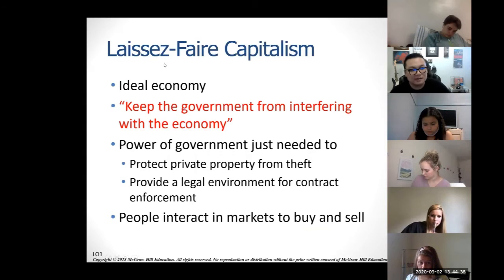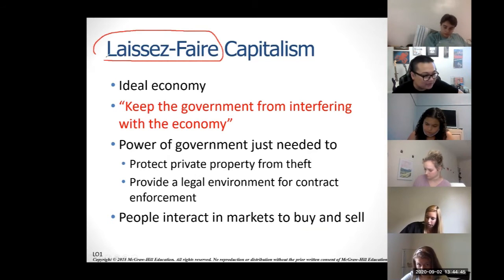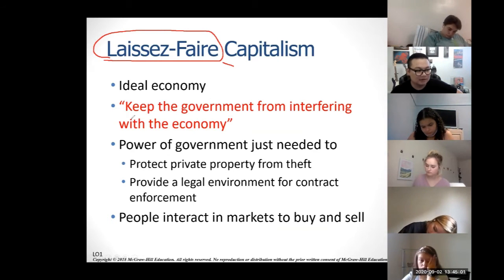The first one is what we call laissez-faire capitalism. I don't know whether I spelled this correctly, but this is French. Laissez-faire in French means idea, means dream, so it's called the dream, the ideal economy. What does that tell you? It tells you the government has no control at all.